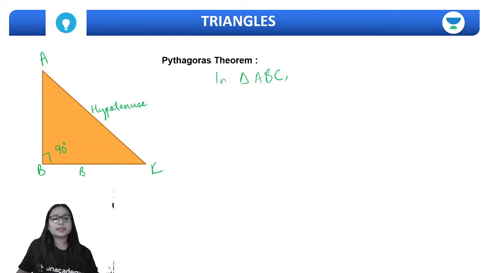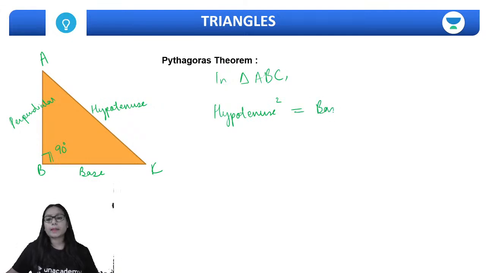This side is known as the base and this side is known as the perpendicular. You can choose either of the sides as perpendicular or base, that depends on you. According to the Pythagoras theorem, the square of the hypotenuse is equal to base square plus perpendicular square.